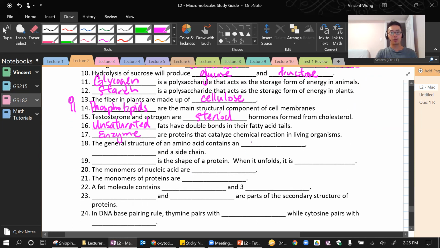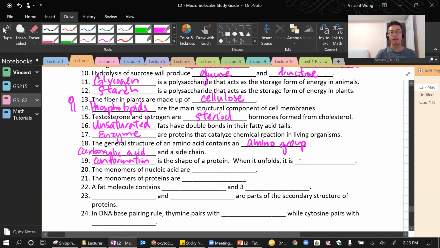General structure of amino acid contains an amino group, and an acid, right? Carboxylic acid, and a side chain. Conformation is the shape of the protein when it unfolds because of pH, ionic concentration change, heat, all the stuff that we talked about.